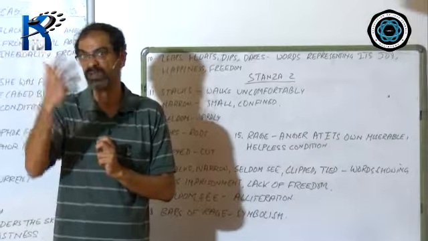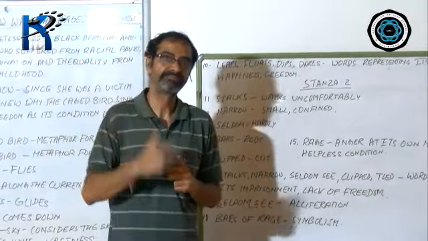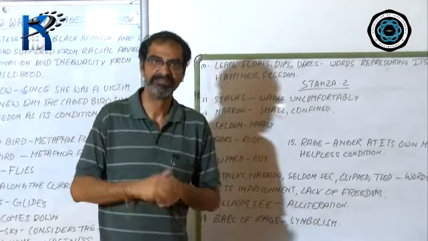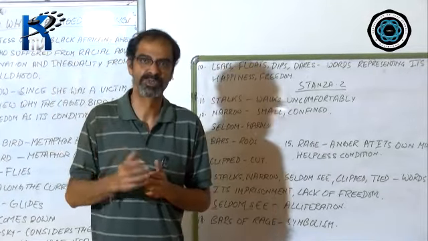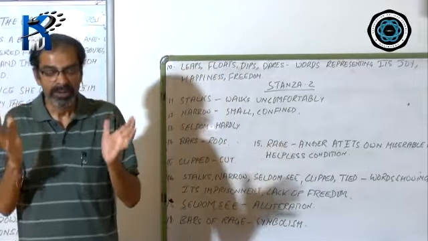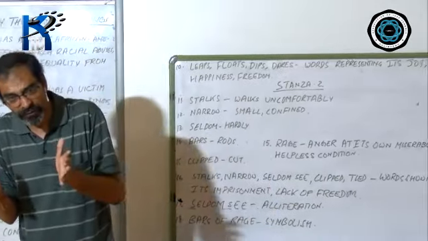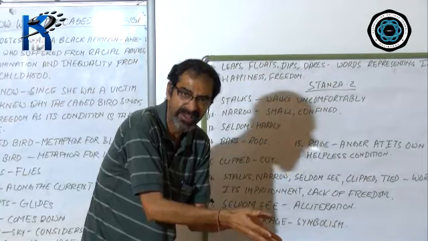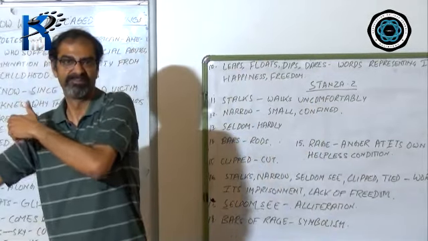These are visual images. Then you have auditory images, hearing. What are they? The singing of the caged bird. You can hear. The nightmare screams. You can hear. These bring out the contrasting condition of the caged bird's existence inside the cage and its dream for freedom.